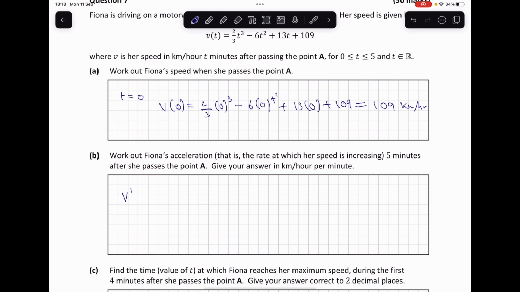So V(T), we're going to differentiate with respect to T. So 2 over 3. We're going to bring down the power and take 1 away from the other power. And we're just going to keep going on this.